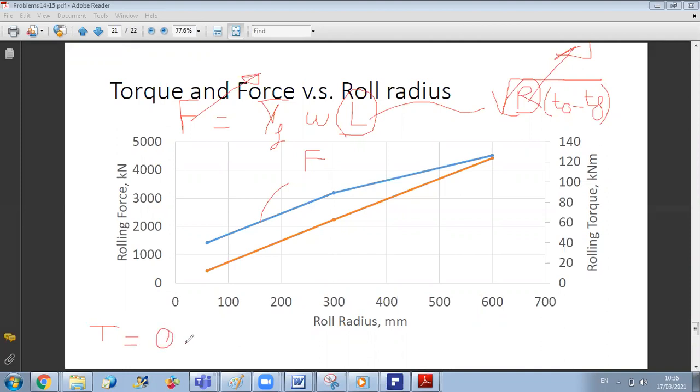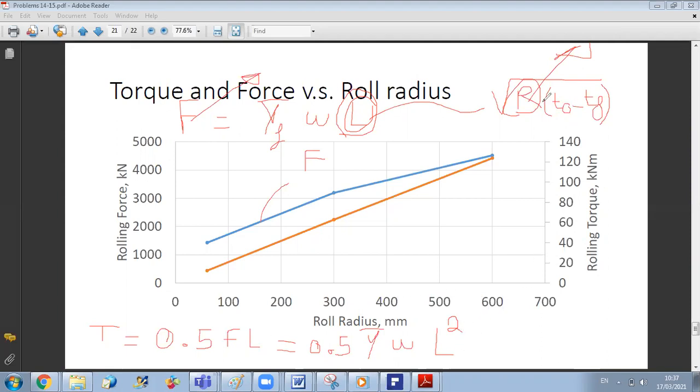For each roll, the torque is 0.5 F times L. If I replace now F by its value, I get 0.5 times the average flow stress, Y average, times the width, which is not varying, times L times L. So I have L two times, one in F and one from multiplying F by L, so I have L squared. So I can see here that the torque is proportional to L squared.